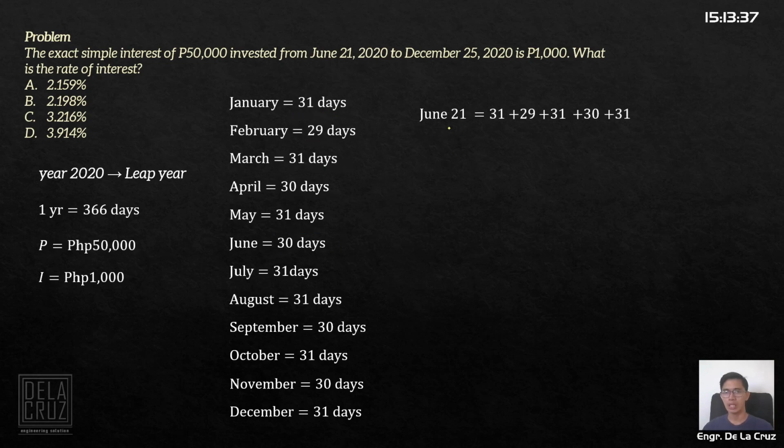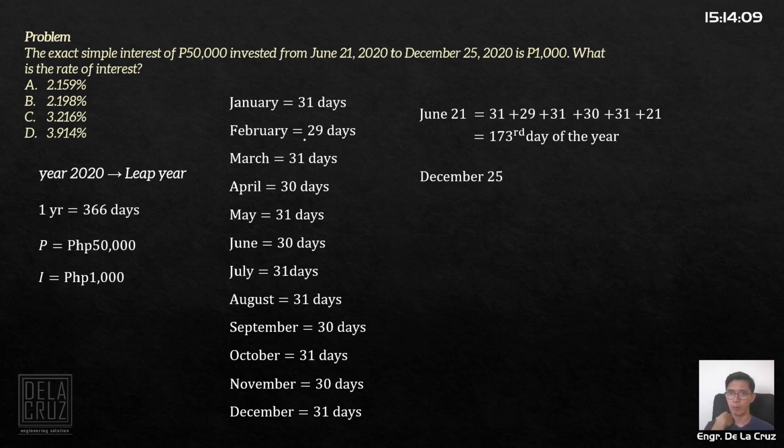Okay, take note, June 21. So, hindi 30 days yung i-add natin dyan. 21 days na lang. 21 days for June. So, June 21 is the 173rd day of the year 2020, from the start of January 1. No? 173rd day.